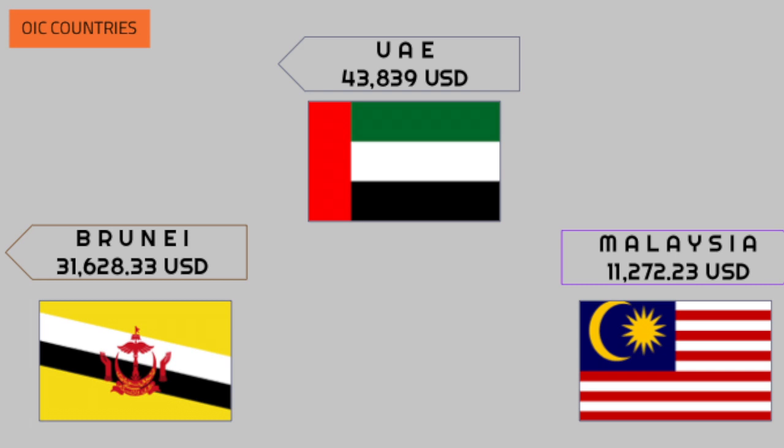Followed by Brunei, with a GDP per capita of $31,628.33 and a population of 428,962 people. Malaysia has the lowest GDP per capita among the three countries, which is $11,373.23 with a population of 31.53 million people.